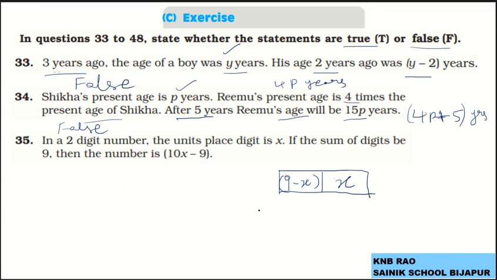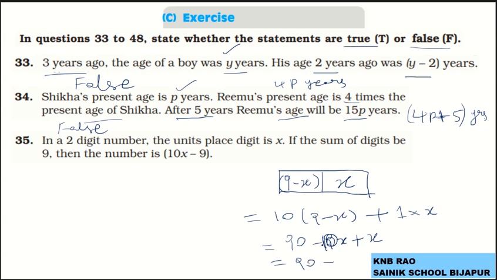The number in expansion form is 10 times (9 minus x) plus 1 time x. If you simplify this, 90 minus 10x plus x gives you 90 minus 9x. So, this is the number, but it says otherwise, so it is false.